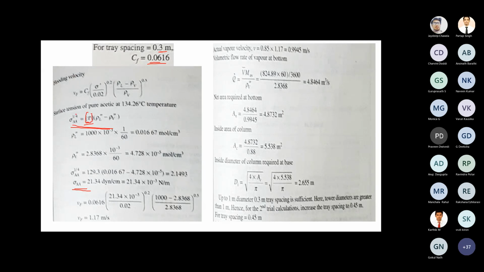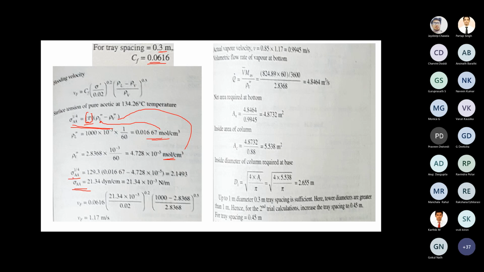So sigma power 1 by 4 is equal to the Parachor constant times (rho L dash minus rho V dash). Rho L dash you can calculate in terms of moles per centimeter cube, and rho V dash also has to be substituted in moles per centimeter cube.